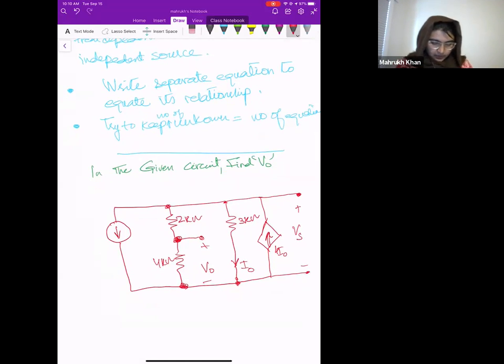So can you tell what should I do to find V naught? What rule should I apply to find V naught? And this is 10 milliamps.